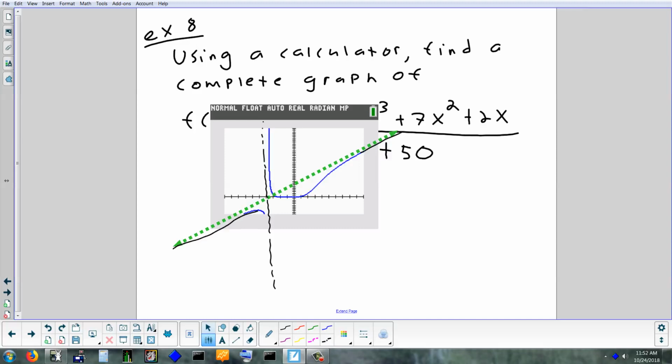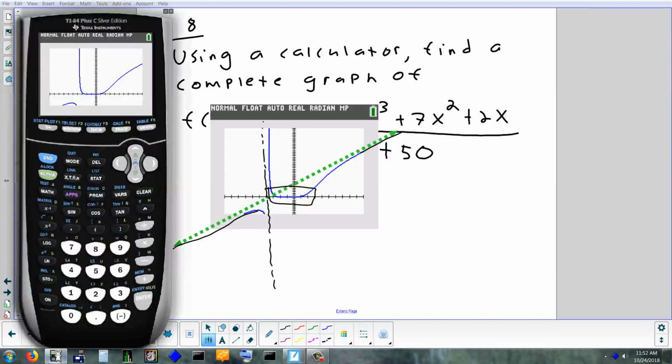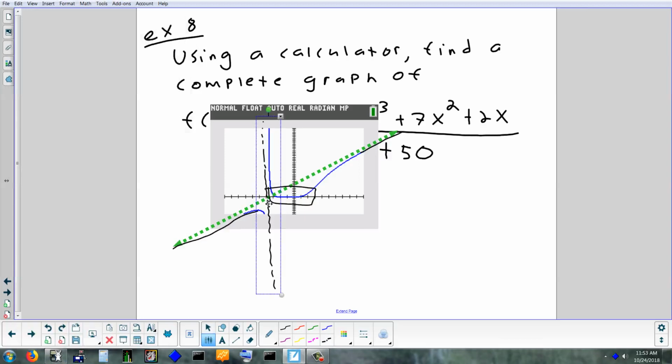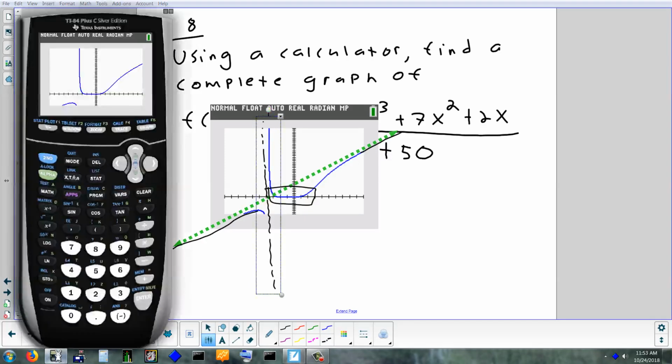Anything else we should check out a little closer, Chris? Just look at how long it stays on 0, like on the x-axis. Yeah, it looks like it kind of stays on the x-axis a while, right? Let's zoom into that and see what's going on there. So that's between like -4 and +2. So let's zoom in from -4 to +2, and let's set it from -1 to 1.